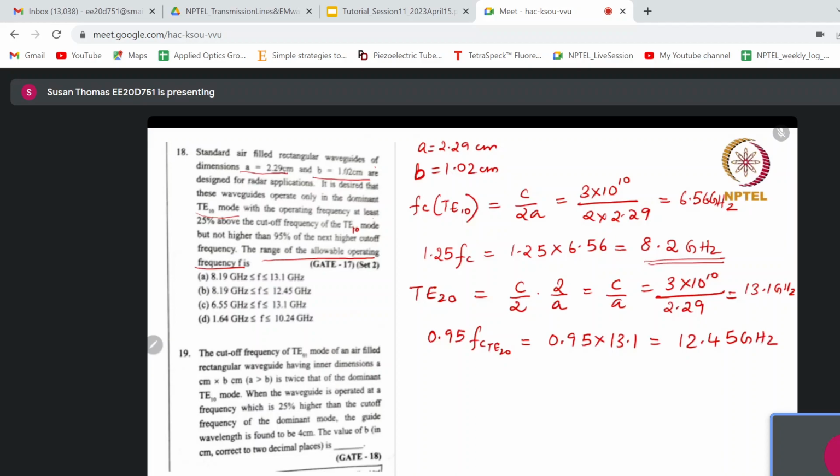Okay, so the range of allowable operating frequency, if you see the options, it is very clear that it is between 8.2 and 12.45. So it will be option B. Option B will be the right answer.